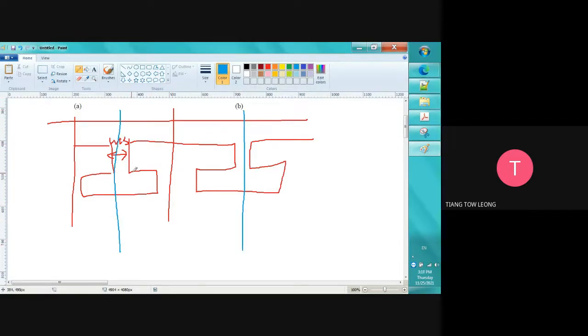We know that this one is actually WTB divided by 2, and this one is also WTB divided by 2. So now we want to calculate this A slot here. And how to do that? This is one slot pitch.